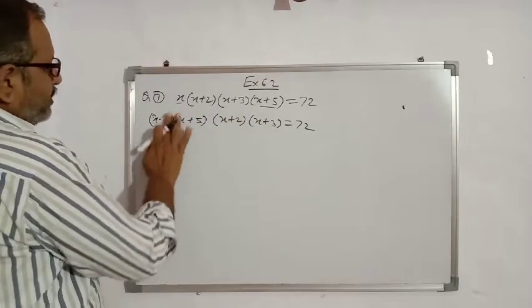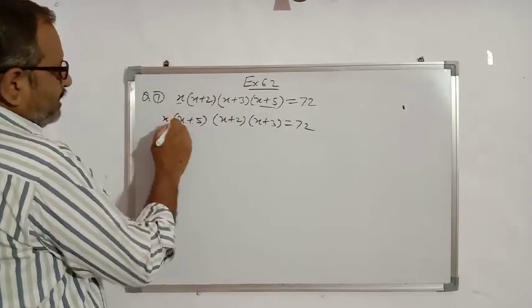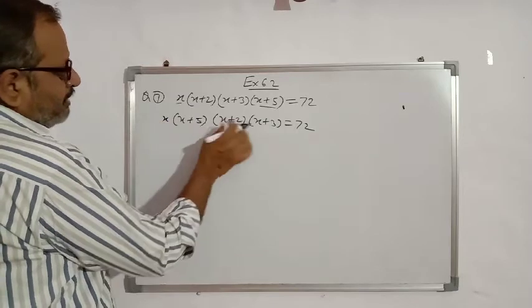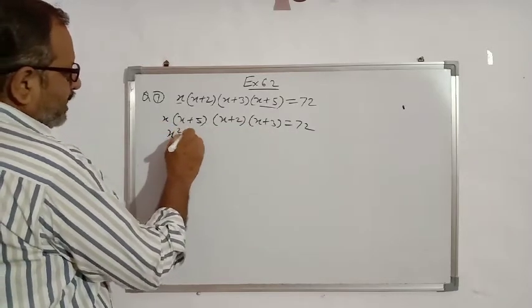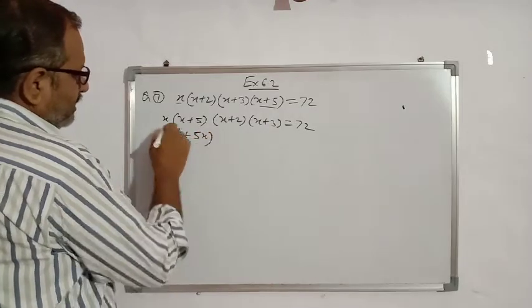Now we will multiply: x into x plus 5, x into x is x square plus 5x.